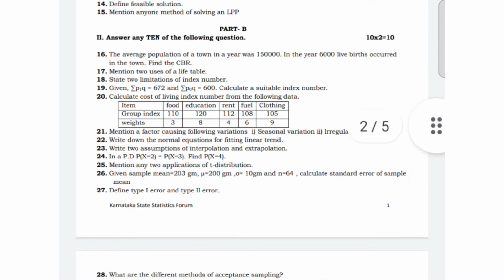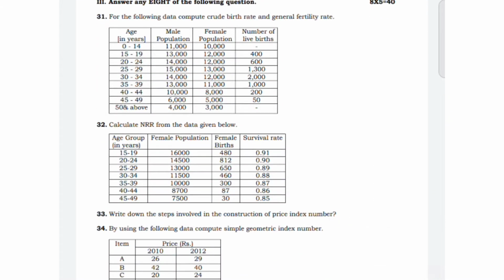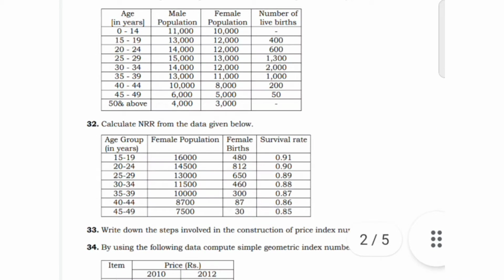In this question paper the 5 marks vital statistics first problem, either they ask total fertility rate or otherwise they ask question number 31, always vital statistics only. For the next final exam too, question number 31 will be vital statistics. It could be either TFR or otherwise calculation of GFR and CBR. In this question paper, just observe: for the following data compute crude birth rate and general fertility rate.